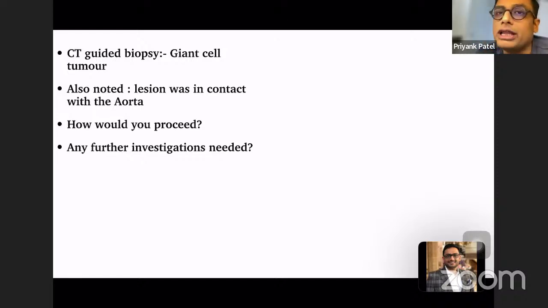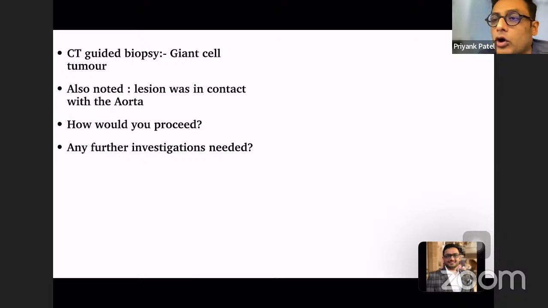That's why I'll have to do a debulking surgery. On the other hand, we know that denosumab helps in shrinking the tumor and getting a good calcific shell. That is why I would definitely give denosumab in this patient and see what happens with time.